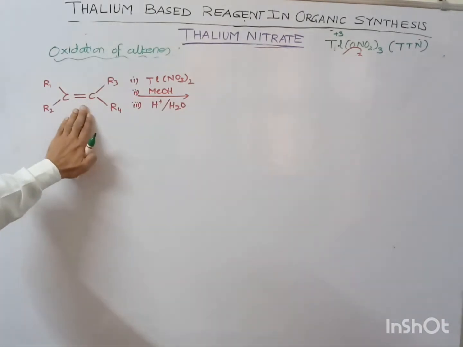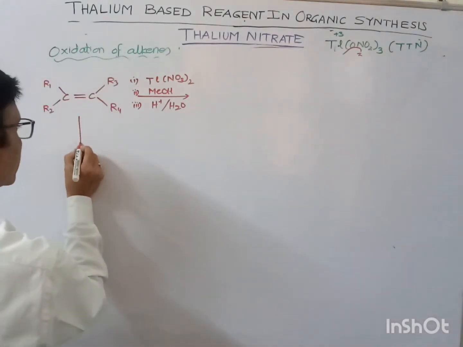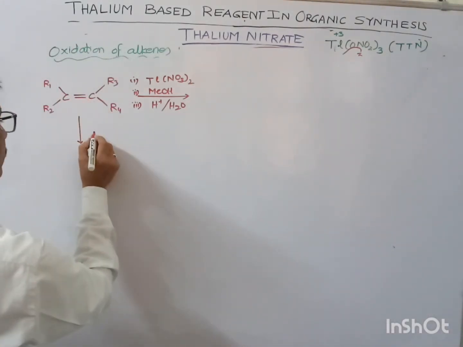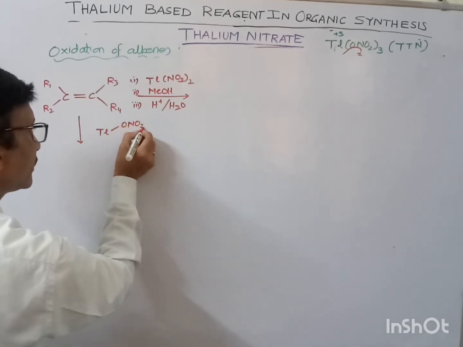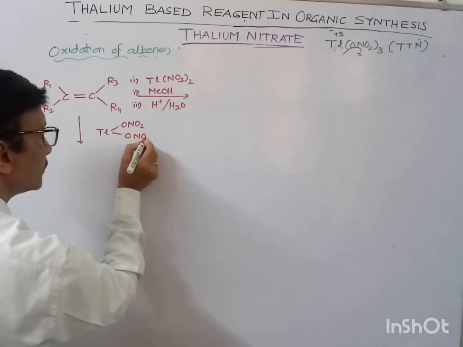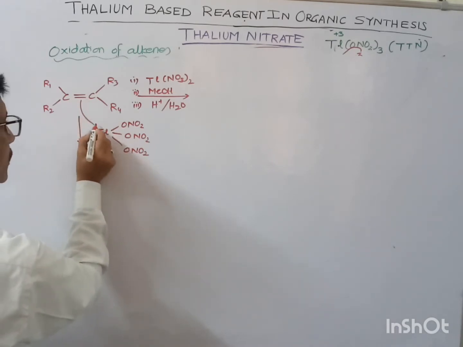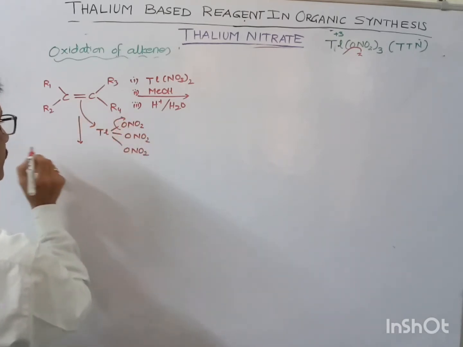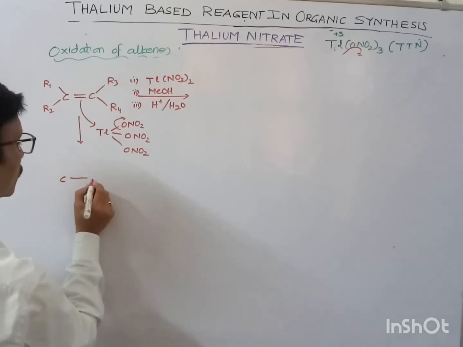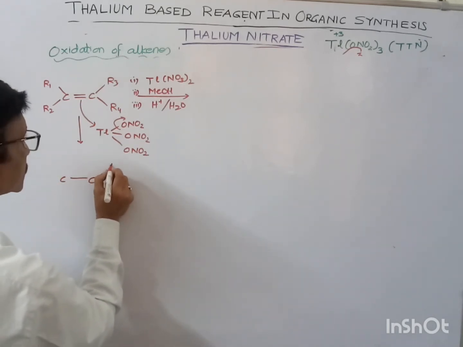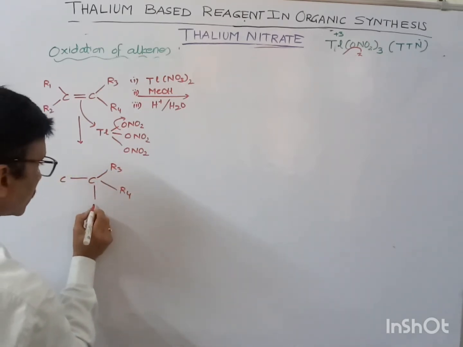Let's see the mechanism. How can we write it? The alkene will act as a nucleophile. We have thallium trinitrate, Tl(ONO2)3. One of the NO2 groups will leave, and we will have a single bond over here with R3, R4, and thallium.